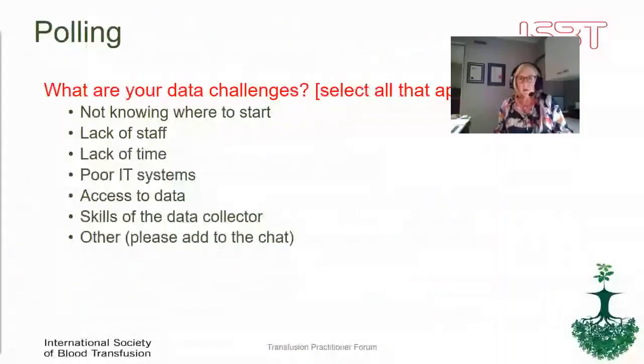So now we've got another polling question in relation to what are your data challenges. So select all that apply here. So are your challenges that you just don't know where to start, that you have lack of staff, that you have lack of time, that you have poor IT systems, that you don't have access to the data? You might not have permissions to access the data, or the results might be in a private physician's room or at a different hospital.